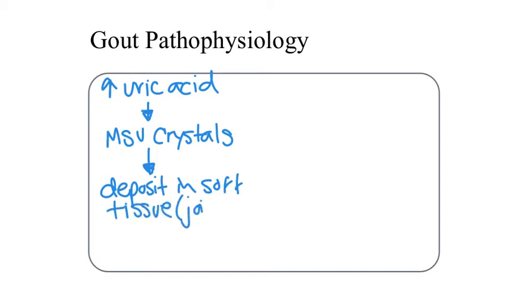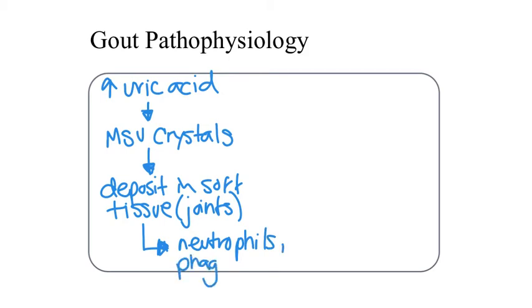This deposition of a crystalline structure within the joint space causes an inflammatory activation. Initially, neutrophils are activated, and these neutrophils migrate to the joint in an attempt to phagocytose or destroy the MSU crystals.